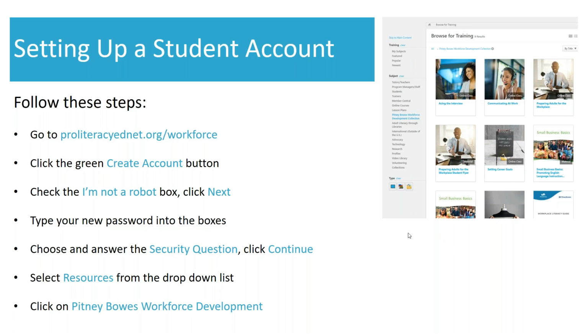The 2-page flyer, you can print one or both pages to promote the student courses with students, tutors, anybody. Or you could just print page 2, and page 2 is instructions for setting up an account.